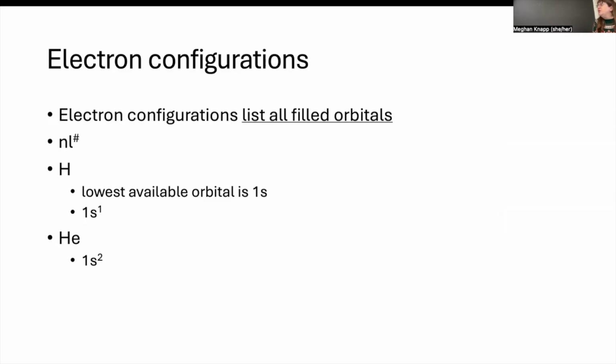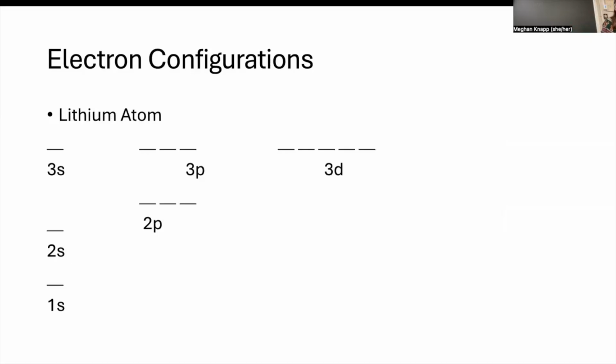What do we do when they're in multiple orbitals? Okay, so let's take a look at lithium. How many electrons does lithium have? So the way we answer this is, remember that unless I tell you it's an ion, we assume there are equal protons and electrons.